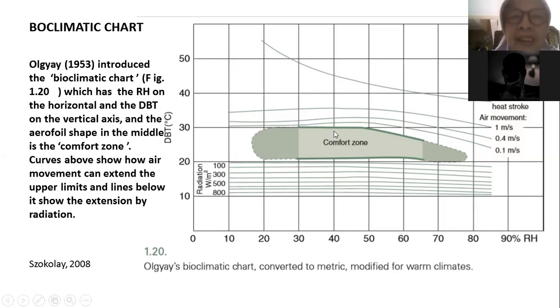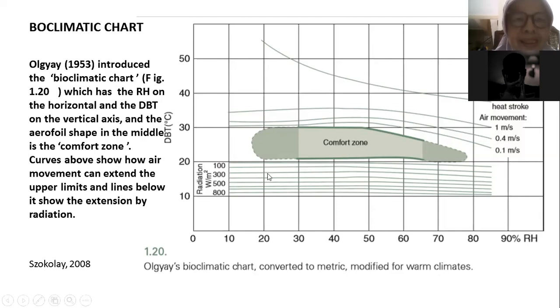That means if the highest dry bulb temperature is 30, the comfort zone can be extended to higher than 30 degrees by adding the air movement 0.1 meter per second, and about 32 degrees by adding the air velocity or air movement 0.4 meter per second.